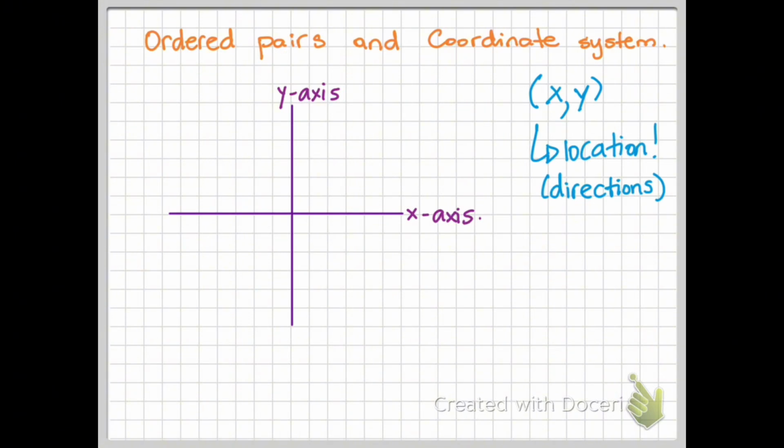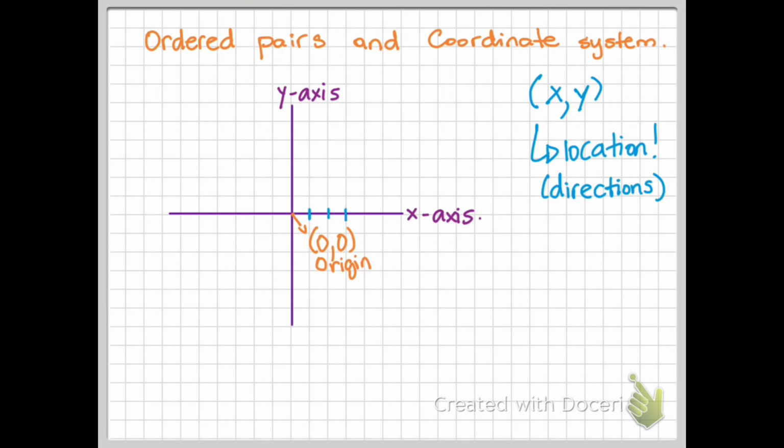As you can see here, we have the x-axis and the y-axis. The x-axis is horizontal and the y-axis is vertical. Now, in the center, we have the point 0, 0. That is the origin, that is where things start. Then from there, we're going to be moving. For example, the first line is 1.